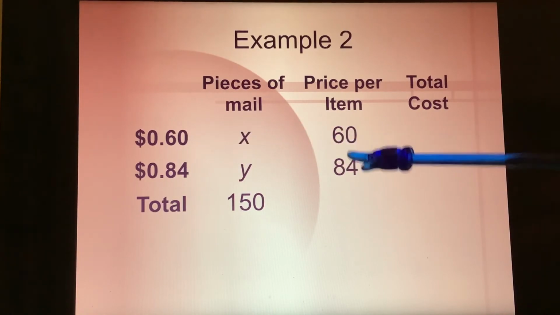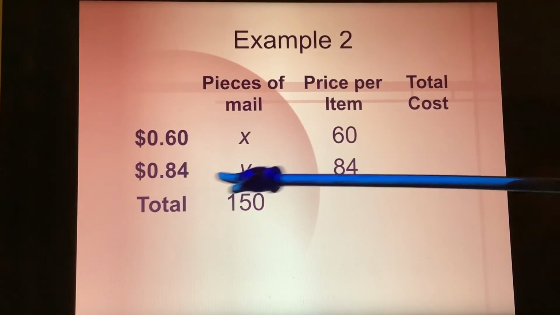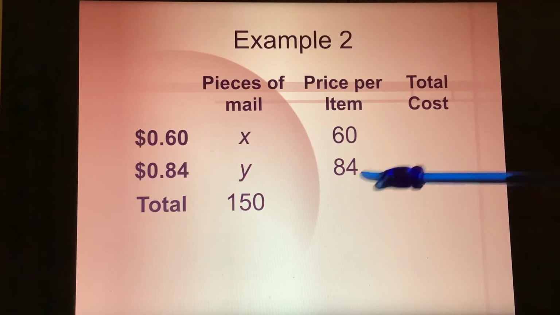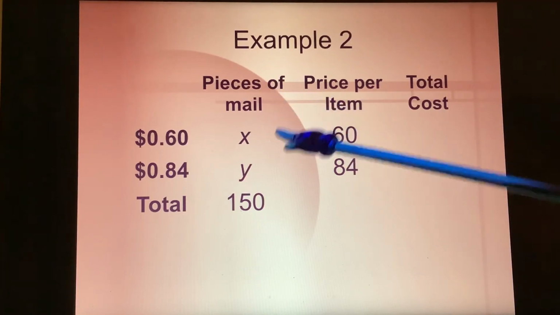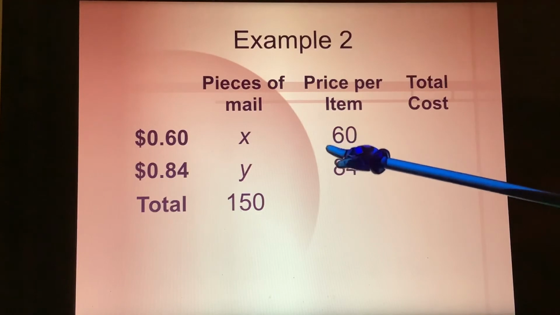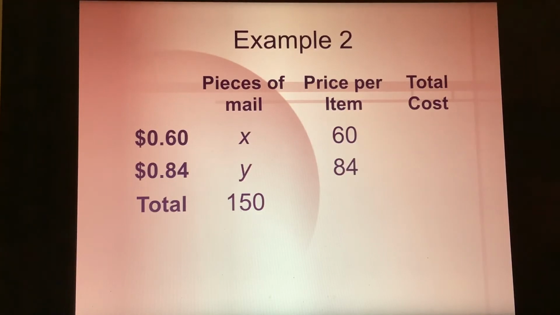That's how they got 60. Then 84 cents would be 84 times 100 is 84. The total cost is you take the pieces times the price and you multiply it together. Then that's going to give us 60x, 84y.